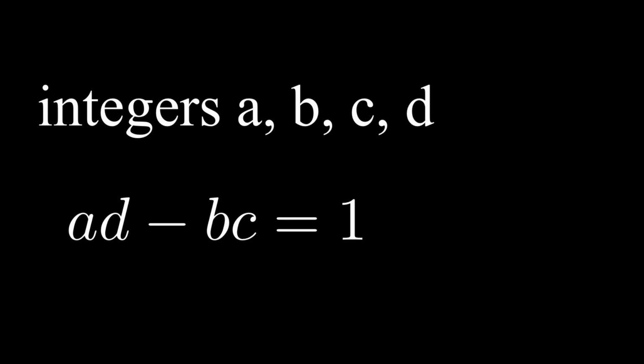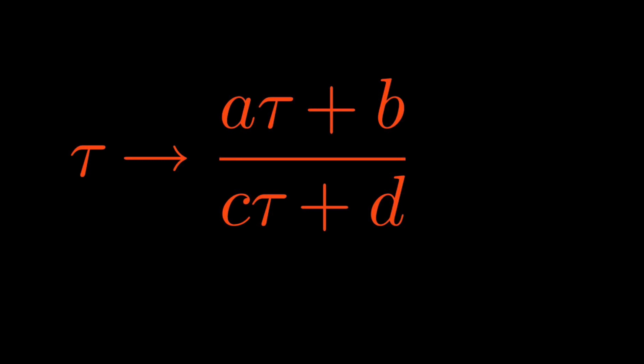The modular group is any integers a, b, c, and d such that ad minus bc equals 1. And the action of the modular group is taking tau to a times tau plus b over c times tau plus d.